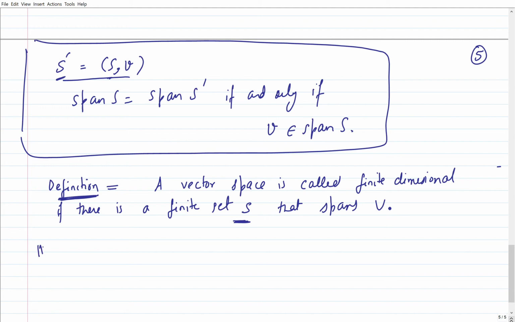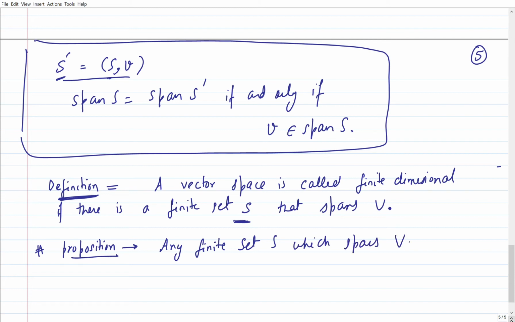So what's the proposition? Any finite set S which spans V contains a basis.